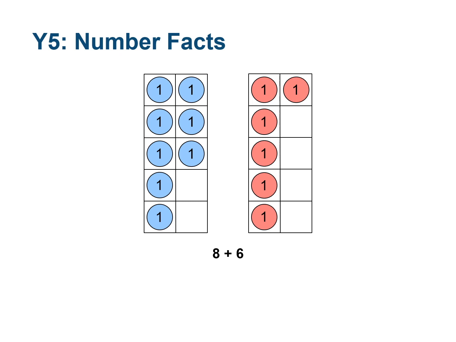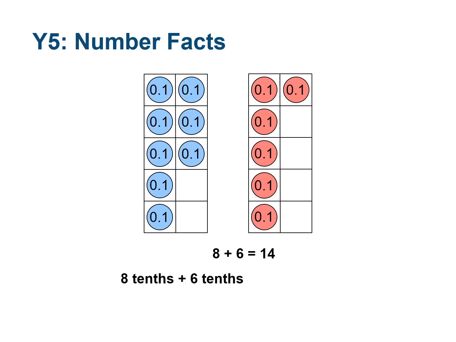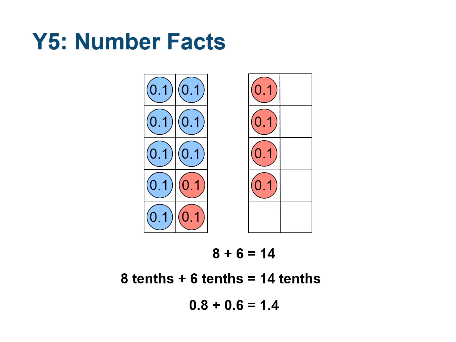As we've seen, in Year 5, pupils need to be able to work in units of 1/10 across the ones boundary. And pupils need to be able to apply this knowledge to their number facts by working in units of 1/10. So pupils know that 8 add 6 is equal to 14, so they can reason that 8/10 add 6/10 is equivalent to 14/10, or 1 whole and 4/10.